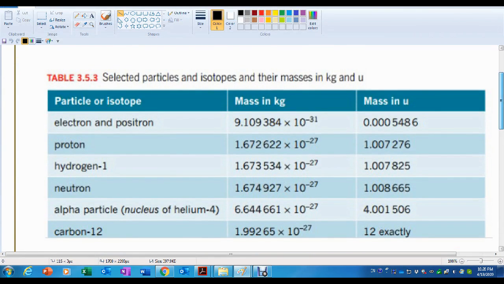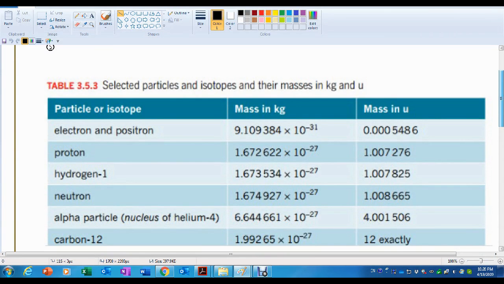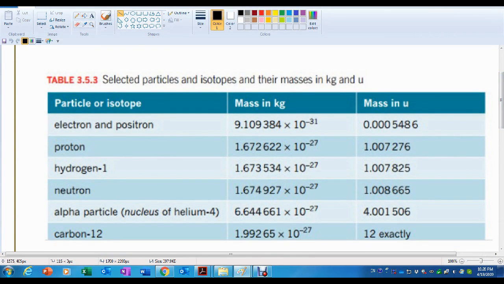Alright, and this table is quite useful because it gives us some very common masses of particles, not only in kilogram but also in terms of U. When we compare the mass in U, normally in chemistry or in the science you've learned in the years before, possibly in year 9 or year 10, we treat the mass of a proton and the mass of a neutron as the same.